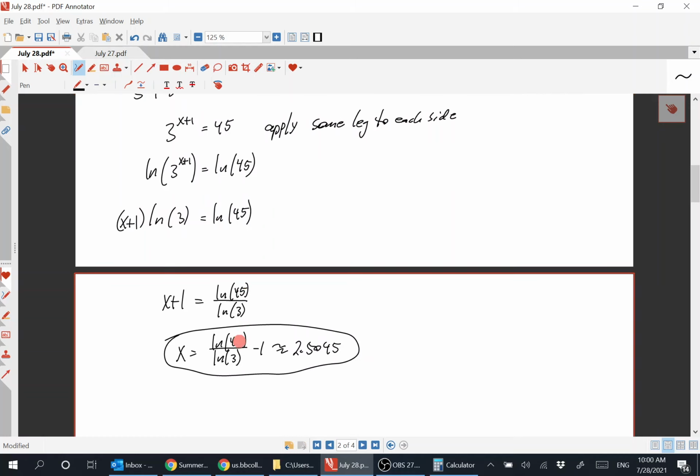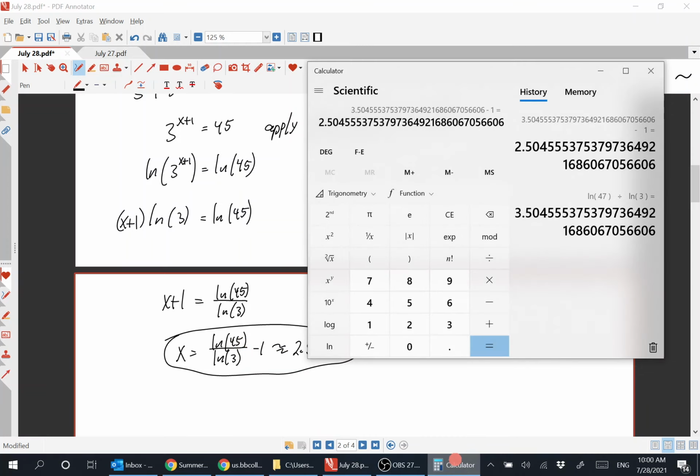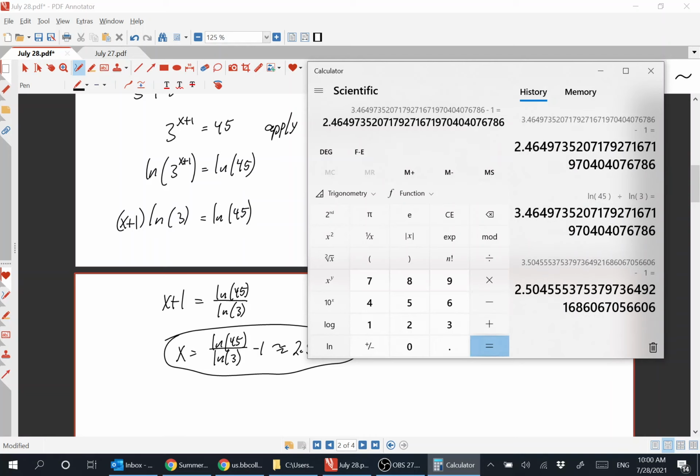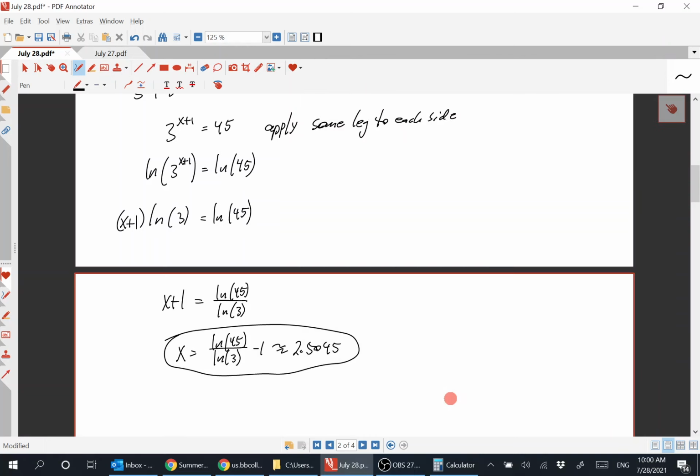So 45 natural log divided by 3 natural log, minus 1, is 2.4649.